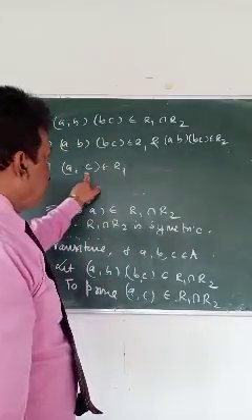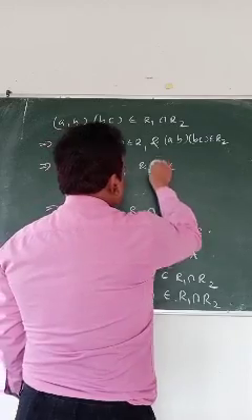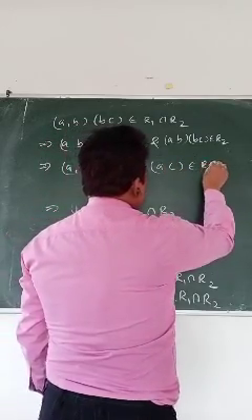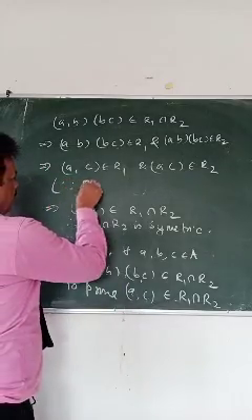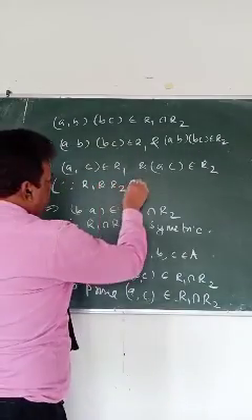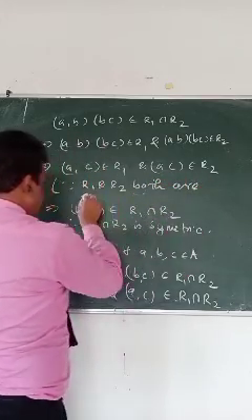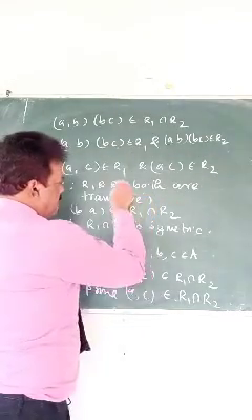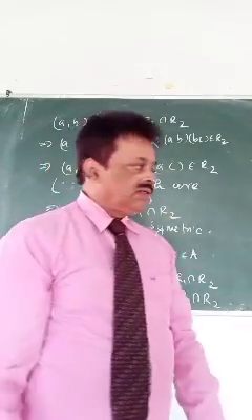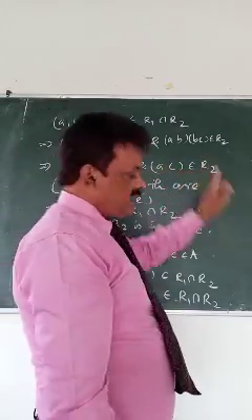Here also the same thing: (a, c) belongs to R2, since R1 and R2 both are transitive. Why transitive? Because both are equivalence relations. So the same element belongs to R1 and R2.